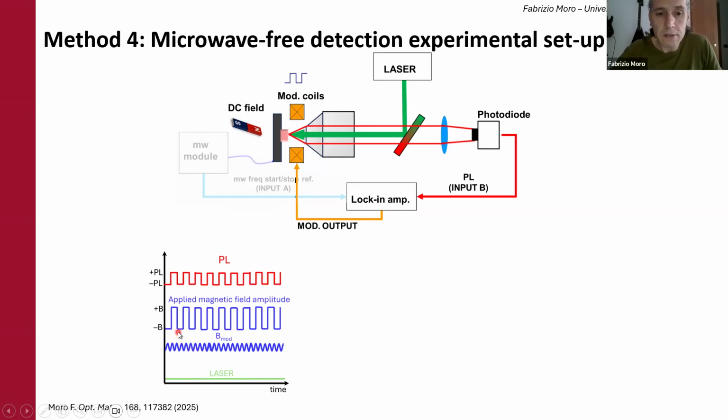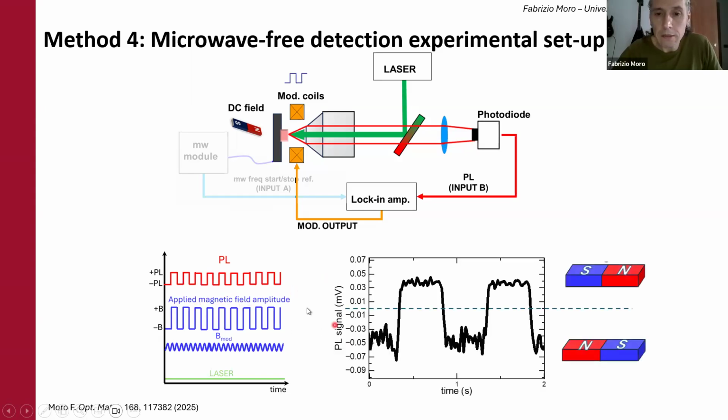And on top of this, there is an alternating magnetic field, whose polarity switches from positive to negative. And what you expect to observe is that the PL signal should also be modulated with the same shape as the external field. And this is actually what we experimentally observe. These are experimental data. They show how the PL signal shifts from positive to negative by alternating the magnetic field polarity.